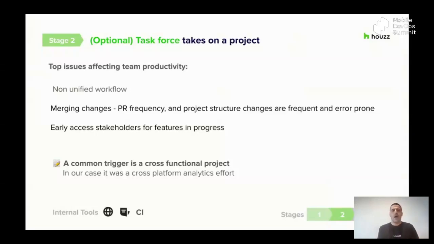Now, at this stage, a lot of companies go back and forth between stage 1 and 2. You have a task force, and then you disassemble that task force, and then again on demand.